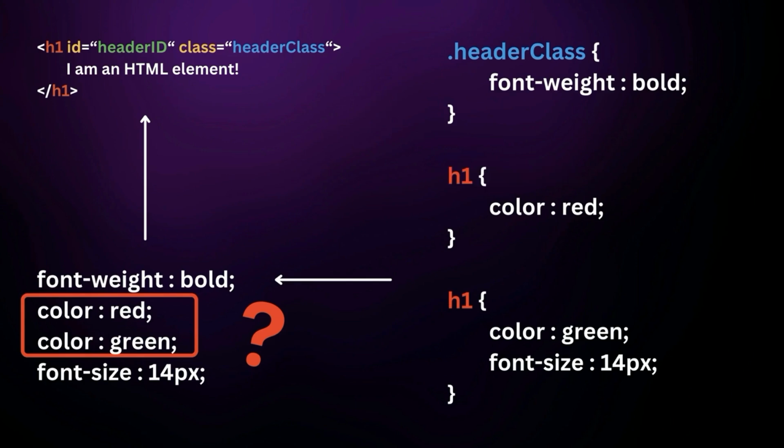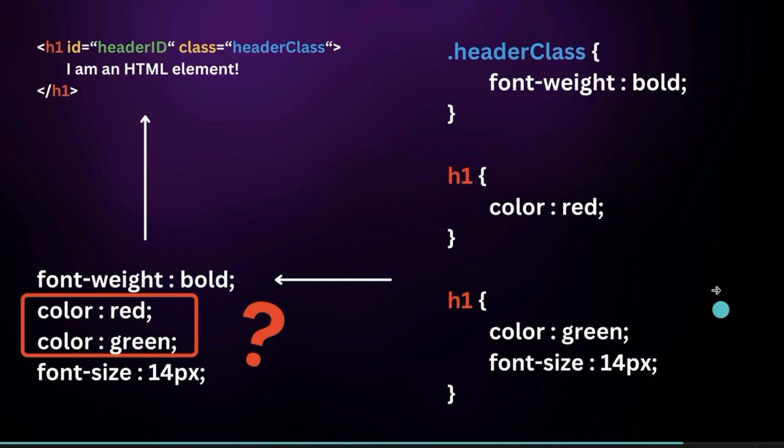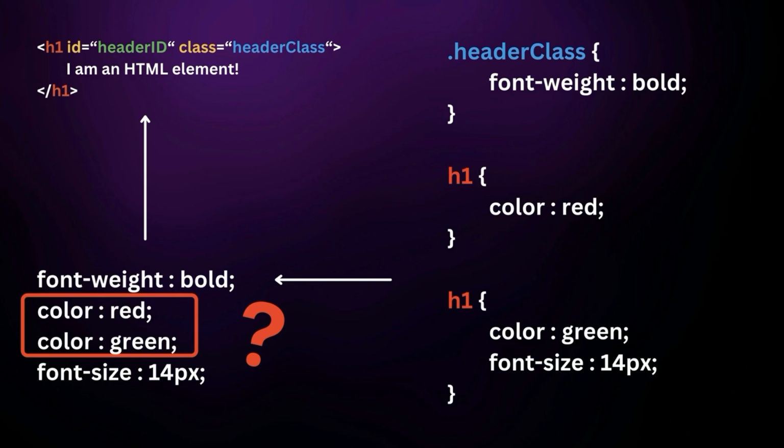Now, another case you might find is that we have a duplicate selector with a different set of properties and values. So for example, right over here, we have a header 1 selector and then we have another header 1 selector, but one with the color red and another one with the color green. And when this happens, then the priority goes to the last one.